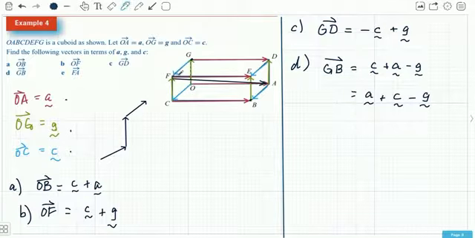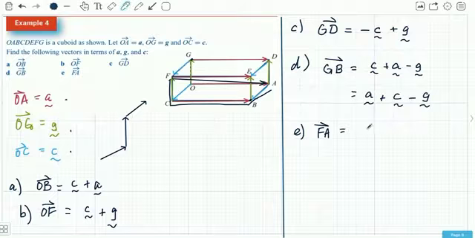There's not really a good way of getting there. There's a lot of things that will have to be backwards. I'm just going to go this way, down, across, and up that way. So for the last one, F to A, I'm going to go down against the green vector, which was G, so backwards along G, the right way along A, and then backwards along C.